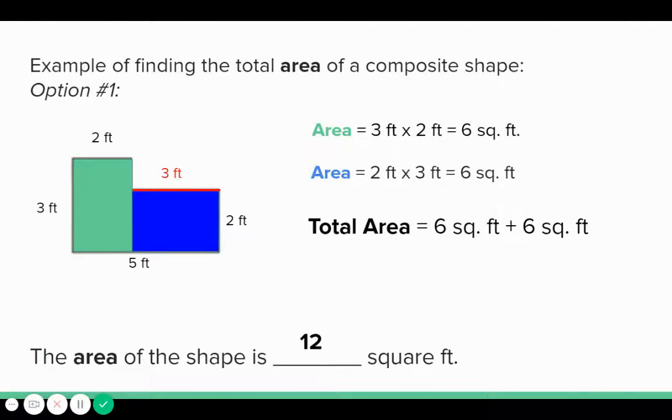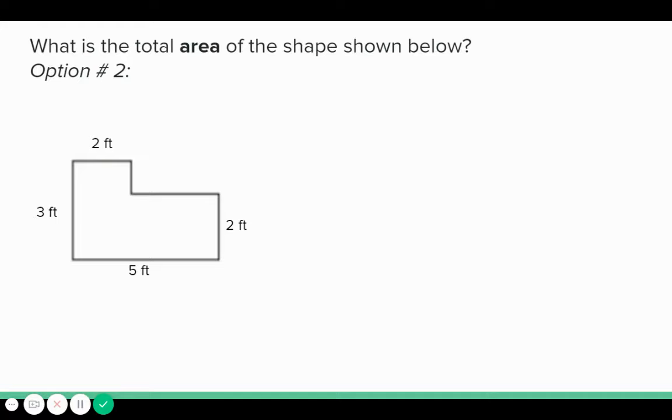Okay, now we're going to do a second option, and we're just going to decompose this shape differently. This first rectangle, as you can see, is smaller. Immediately I can see the length of this rectangle, which is 2, but I'm missing the width. Now remember, this 3 over here is the width of this whole side, but I'm only looking for the width of this small rectangle.